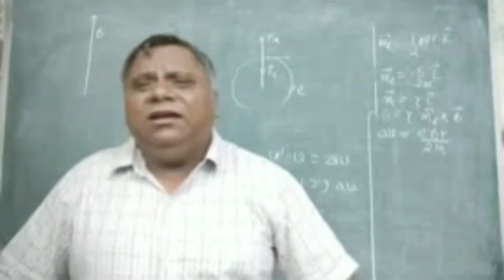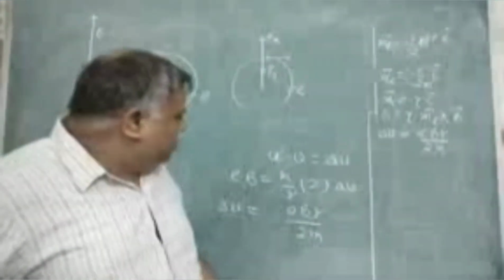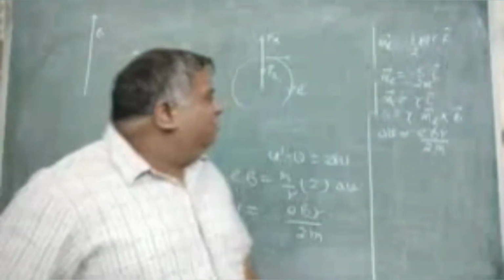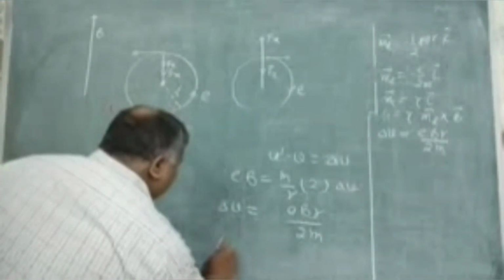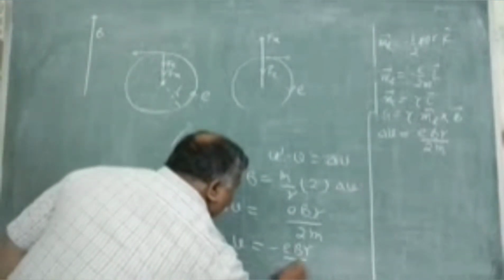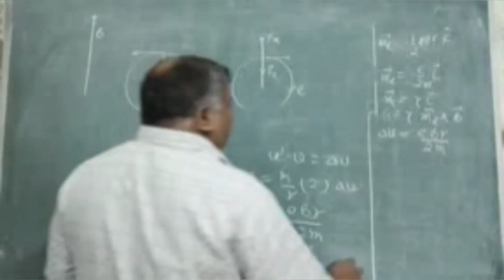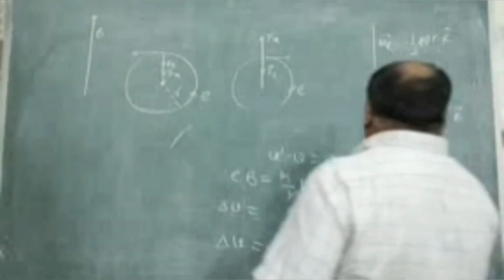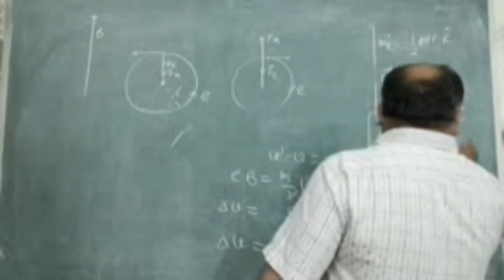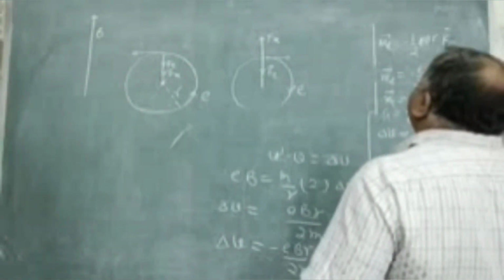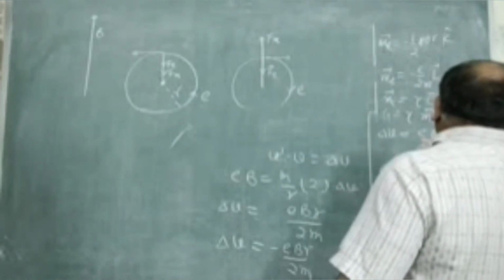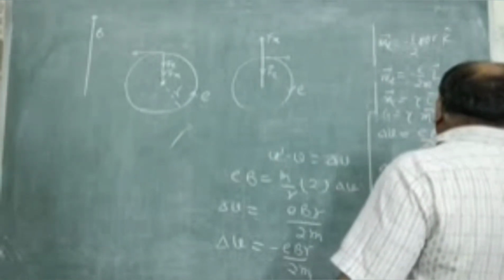If you write the equation, then in case of positive sign, you have a negative sign in the term evB. So we get a change delta V in this equation, minus eBr over 2m. Anticlockwise.